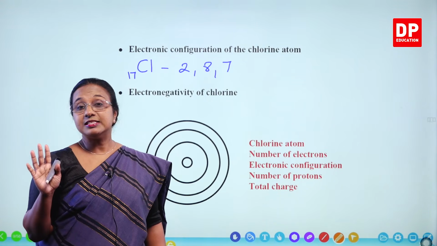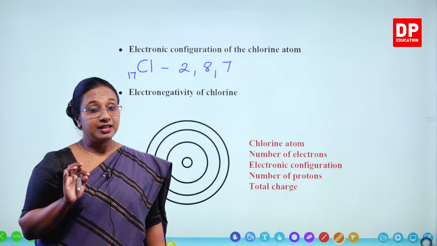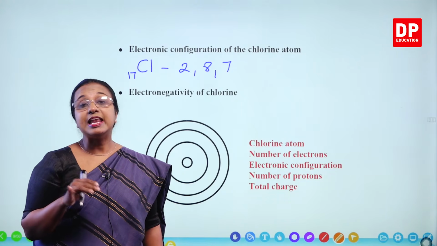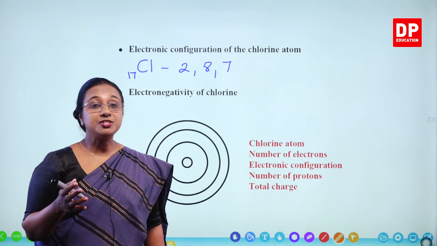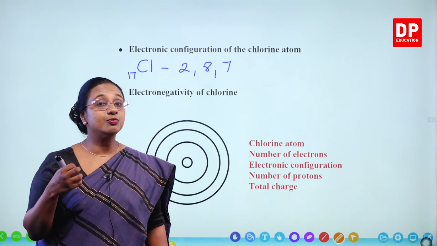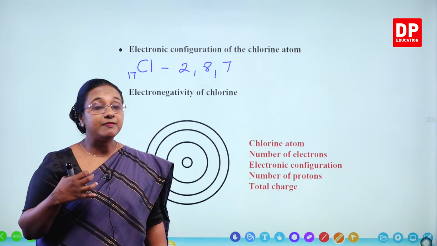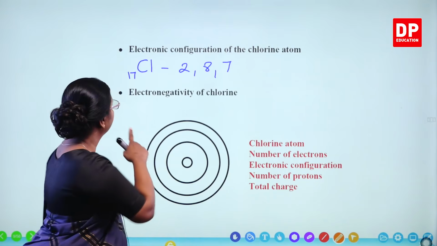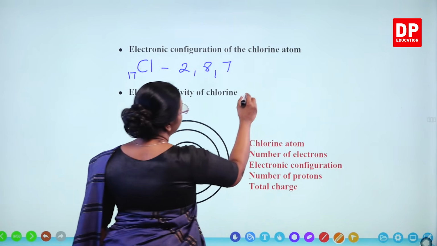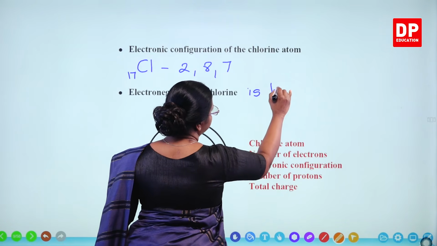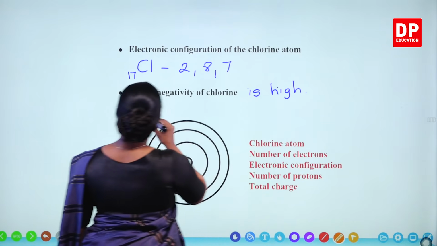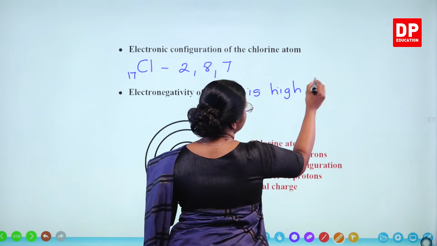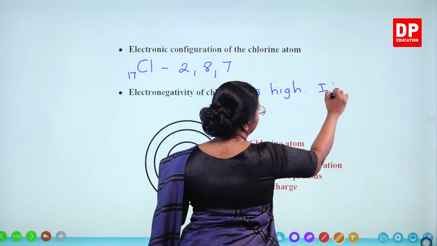But chlorine is a non-metal and it is highly electronegative. So because of that, it will not like to lose the electron. It will prefer to draw electrons towards itself. So the electronegativity of chlorine is high. Because of that, it prefers to take up electrons.